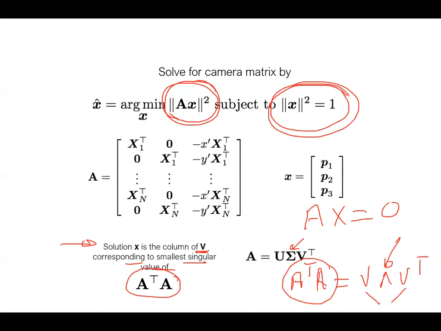But why did I say it is equal to 1? Because we also mentioned that if A of X is equal to 0, then the multiplication of X will give me the same exact solution. 5X will give a solution, 7X will give a solution, 8X will give a solution, but I need just the unity solution. Just to force it, give me only 1. I don't need all of this multiplication. That's why I force X to be equal to 1.